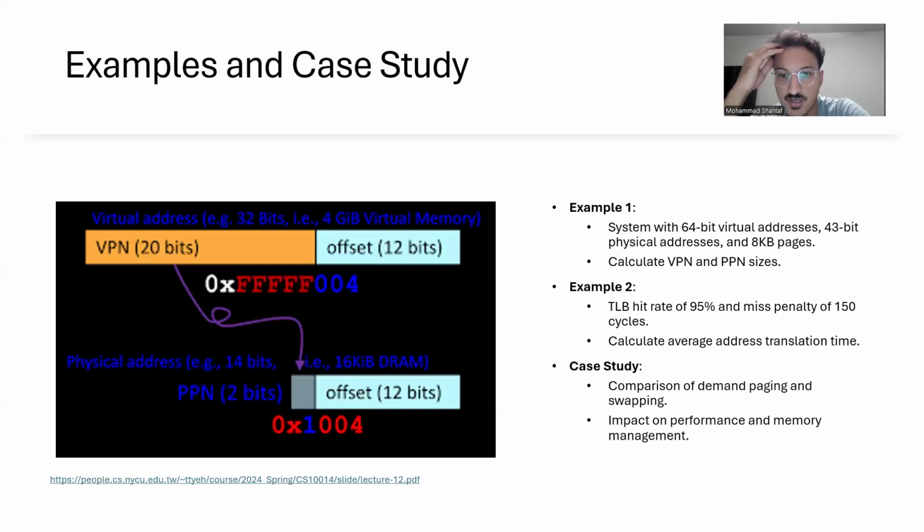Second, we have a TLB hit rate of 95% and a miss penalty of 150 cycles. To calculate the average address translation time, we need some more percentages and to calculate the penalty as well. That way we are able to calculate an average address translation time.